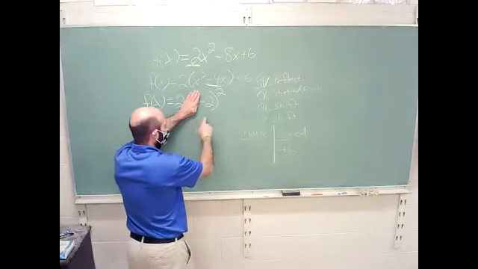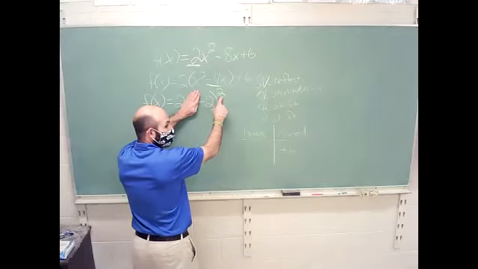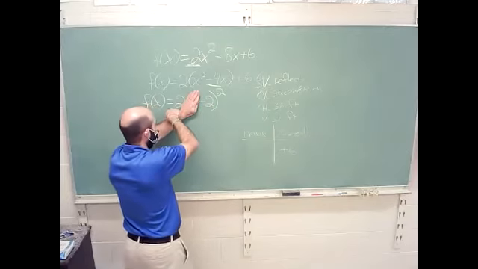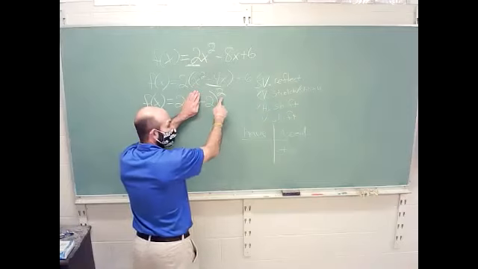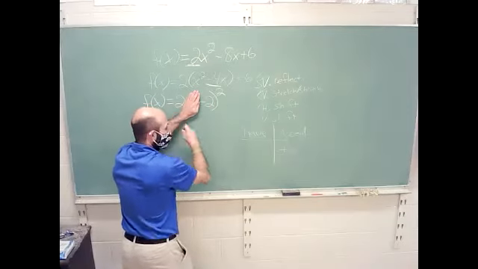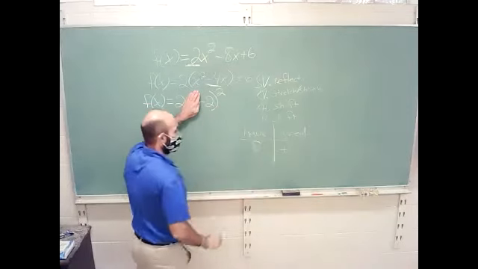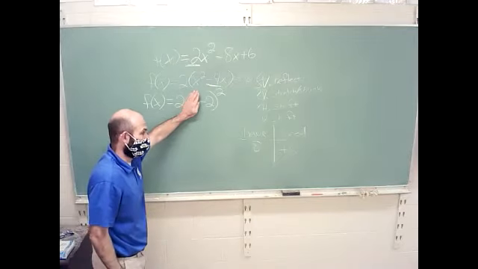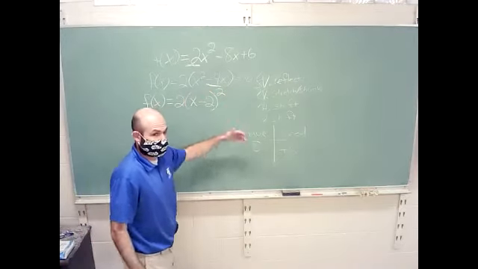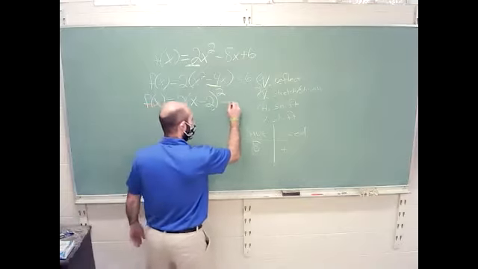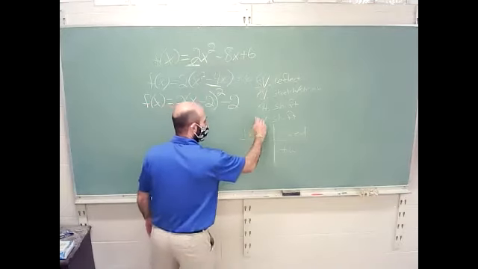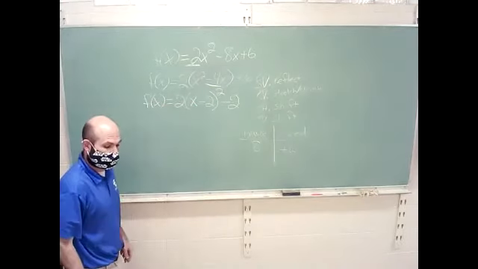If the x wasn't there, I'd have negative 2 squared, PEMDAS people, times 2. Negative 2 squared is 4, times 2 is 8. I already have 8, but I need to have 6, so I need to subtract 2. That is my vertical shift.